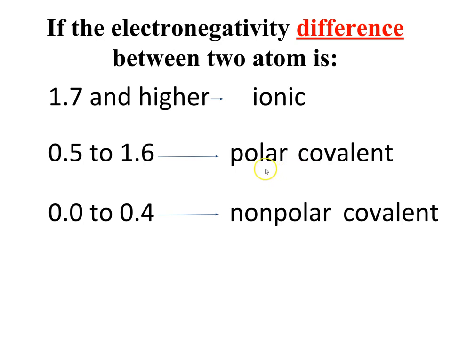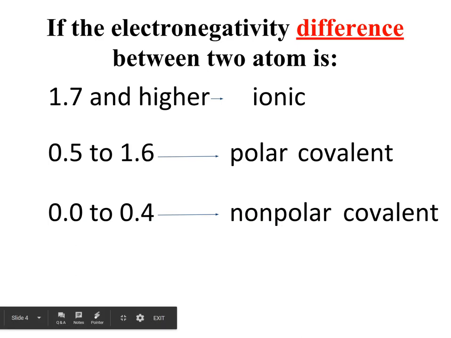That means we have an unequal distribution of electrons and we have a polar substance, just like water. If we have a very low electronegativity difference, so if you have two oxygen atoms bonded together, the electronegativity difference would be 0, which tells us that we have a nonpolar covalent substance.